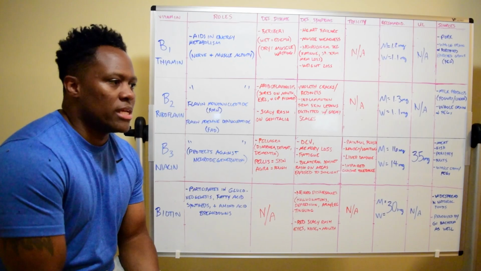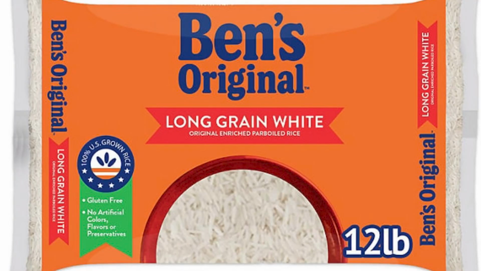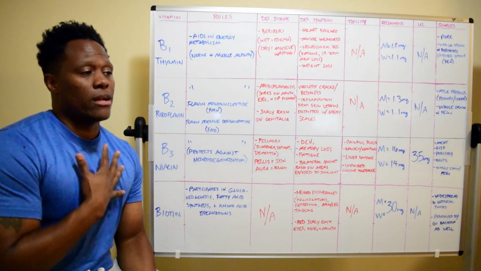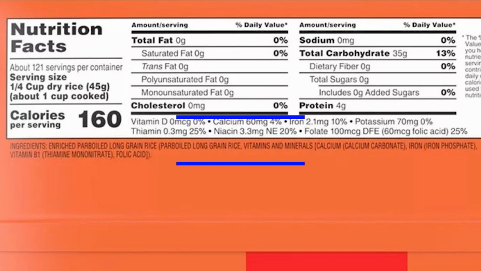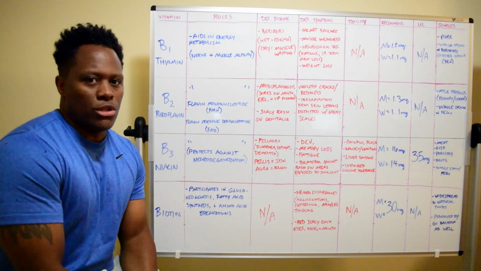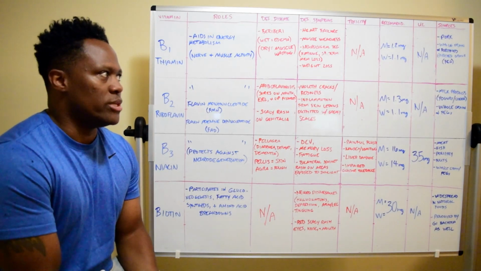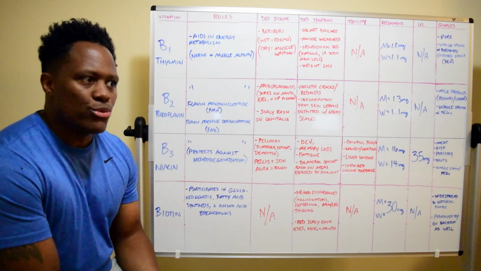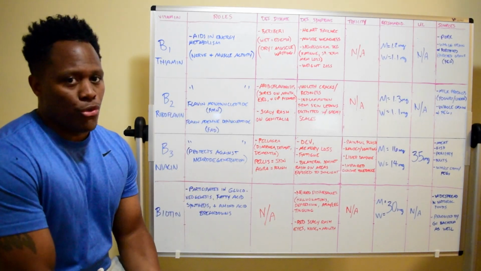A good example, which I mentioned before, is Uncle Ben's original enriched parboiled rice, which I tend to eat a lot of. It's enriched with niacin, thiamin, and I believe folate or folic acid, one of the two. Those are the things you want to look for. It normally says so on the label.